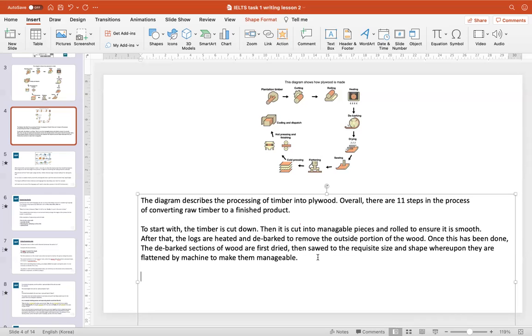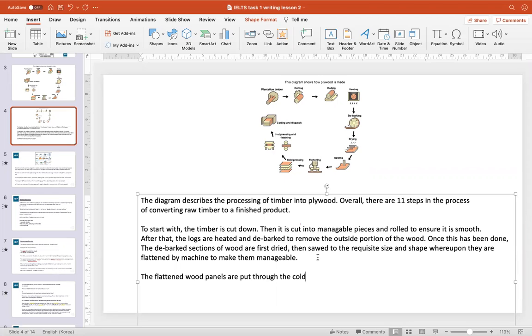The flattened wood panels, I guess, they are, right? Go through the cold process. I think we could put "are put through" because we need to keep it in the passive voice.